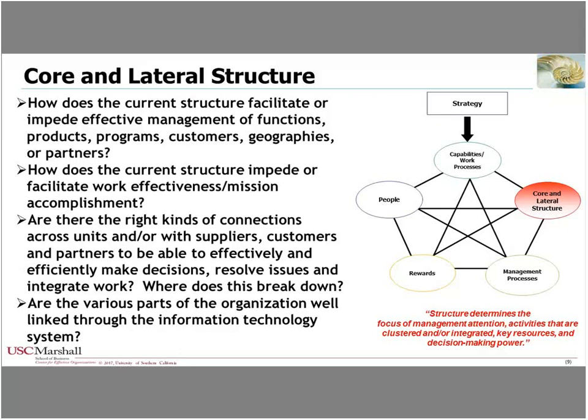The second part of structure, though, is what we call the lateral organization. And this represents the way the organization coordinates horizontally. If you think about the core structure, we're organized around functions. We've got finance and operations and R&D and HR. The question becomes, how does the work in each of those functions get coordinated in such a way that new products are developed routinely, that new products move from R&D over into engineering, into manufacturing, and then out into the supply chain?